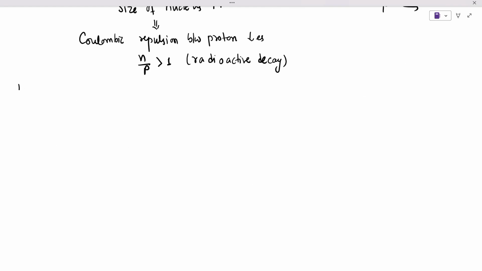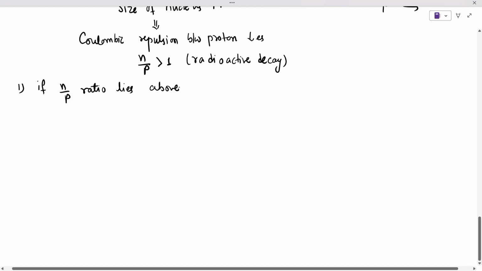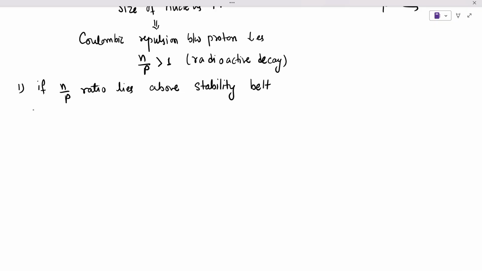We have two cases. If neutron by proton ratio lies above the stability belt, in that case beta emission occurs, which reduces the neutron by proton ratio. How does it reduce neutron by proton ratio? By converting neutrons into protons.